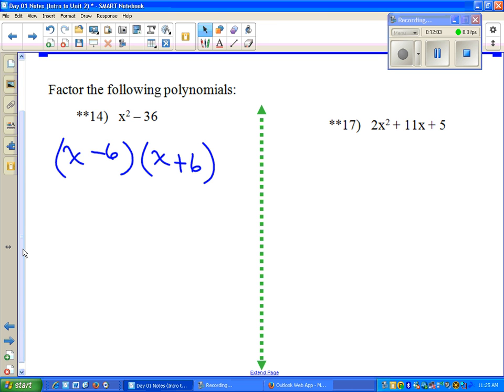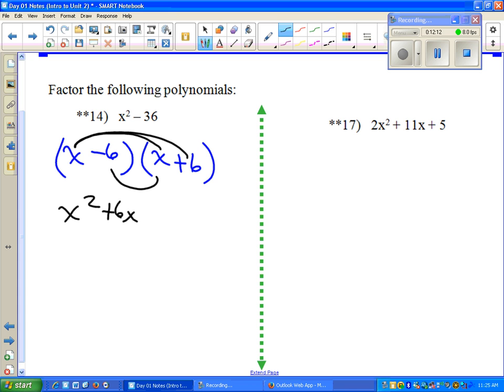Because I'm unfoiling my original problem. If I was to FOIL this, I would get x squared plus 6x minus 6x minus 36. My middle terms cancel out, leaving a perfect square minus a perfect square. I'm recognizing that pattern and going backwards.